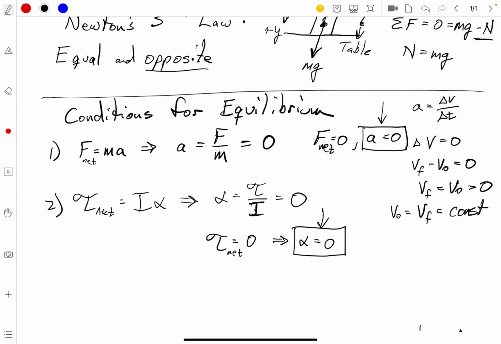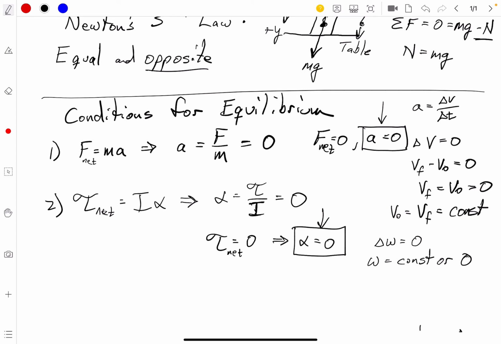And we can do all the same stuff showing that delta omega is equal to 0. And you could have two different cases. You could have omega is equal to a constant, just like v was equal to a constant, or it's equal to 0. So those are conditions for equilibrium.